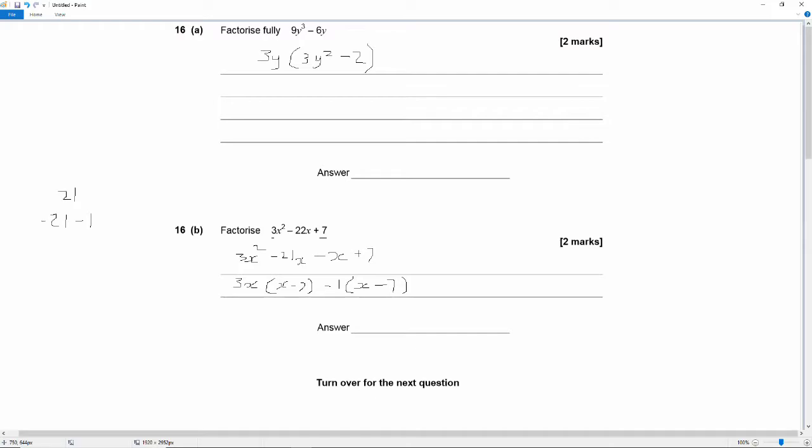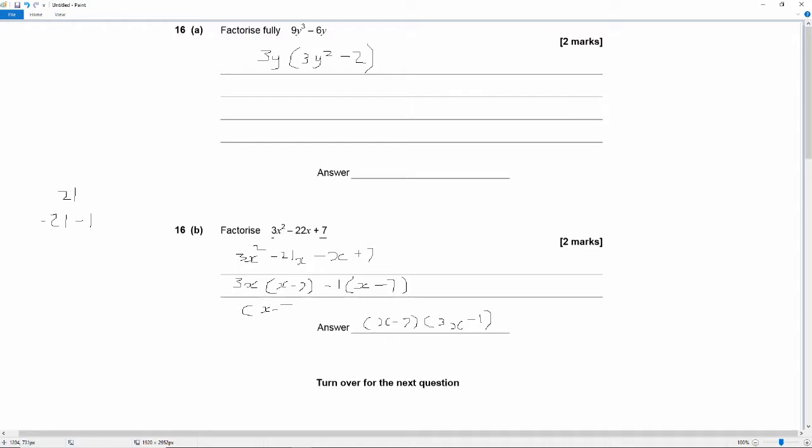So I can now pull the x minus 7 out. Actually, I can just write that in the answers part. So that's x minus 7 into what's left, our 3x and our minus 1.